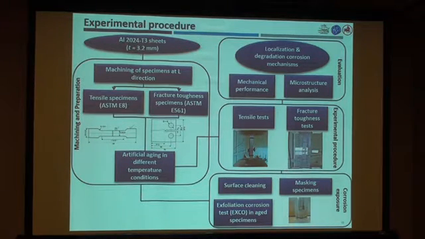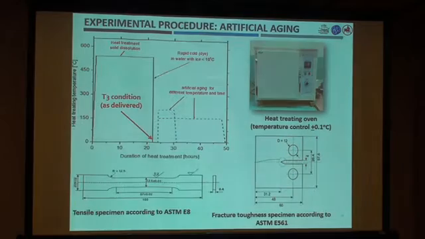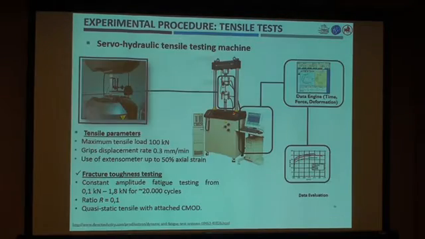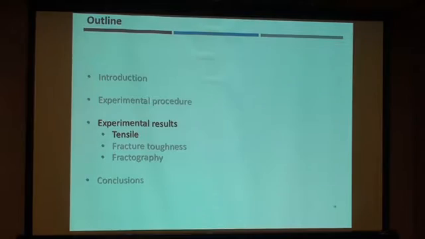Performed the EXCO test that you can find in our paper. I will shift to the mechanical testing. This is the crack. We have marked the test, and here you can see these are the corroded surfaces and how the crack grows into the corroded area.